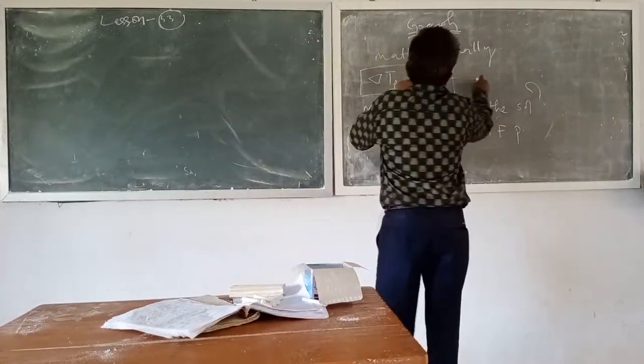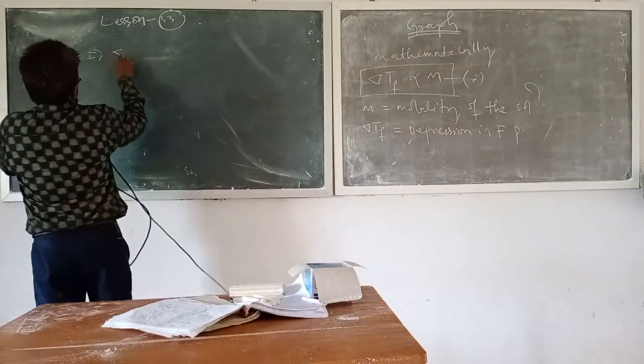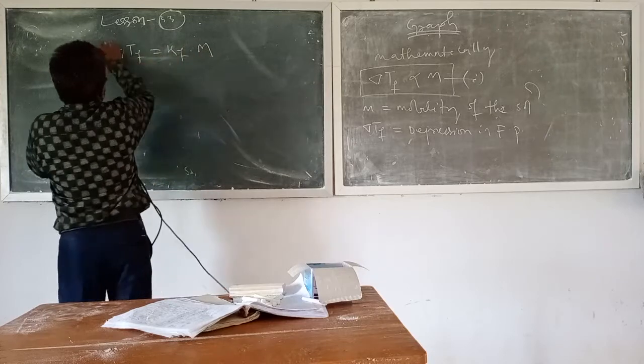Suppose this is equation 1, that implies delta TF equal to KF into M.